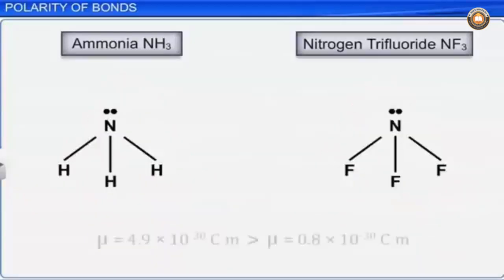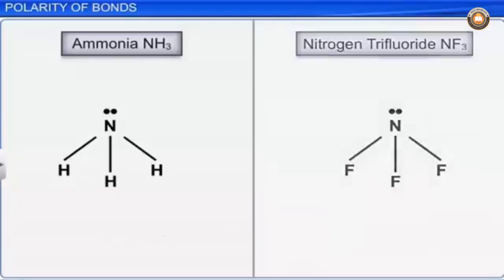But the dipole moment of ammonia is greater than that of nitrogen trifluoride, though fluorine is more electronegative than nitrogen. There is an explanation. The dipole moment of ammonia is 4.9 into 10 to the power of minus 30 coulomb-meter, while that of nitrogen trifluoride is 0.8 into 10 to the power of minus 30.